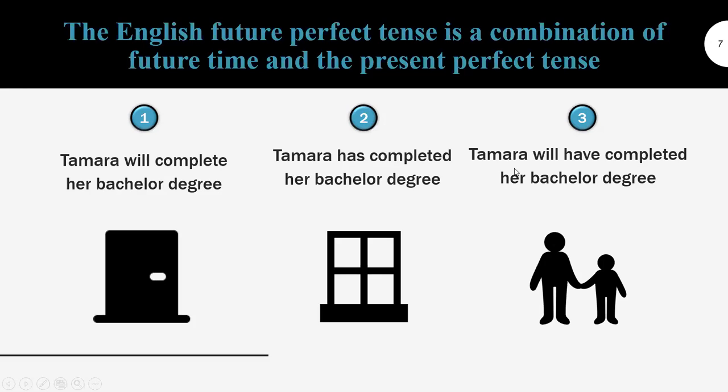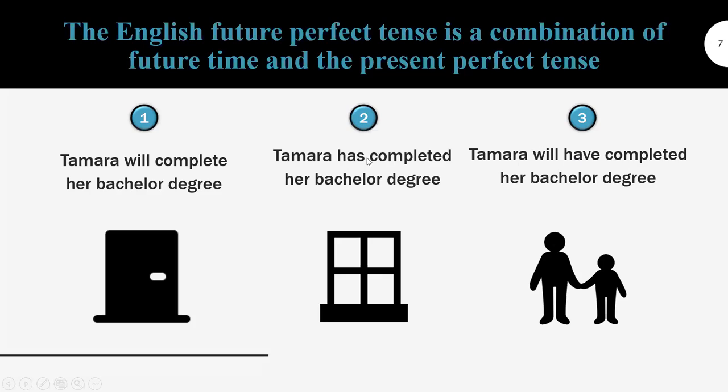So like this one. Tamara, so we still use will. We still use will. The future tense is here. Tamara will. And then perfect tense we use from has completed. Because we use this model, so we don't change have become has anymore, but it becomes have.